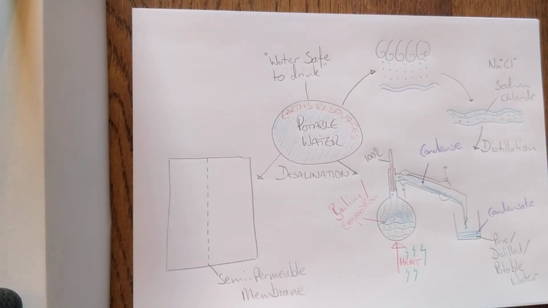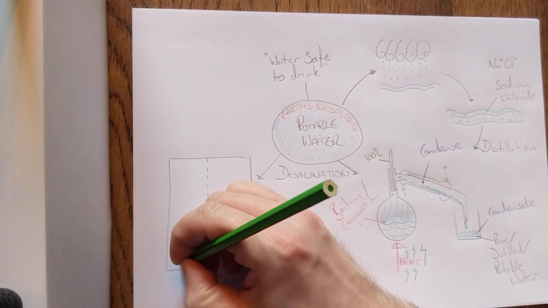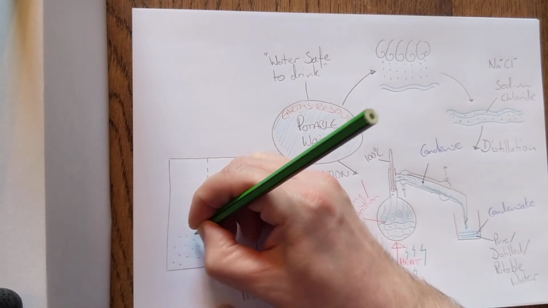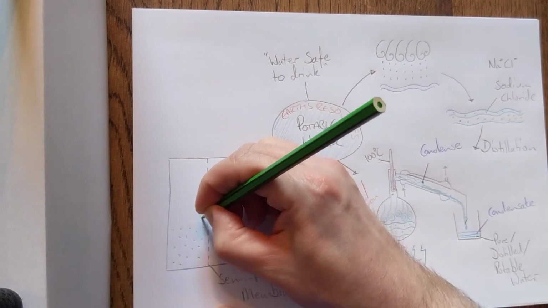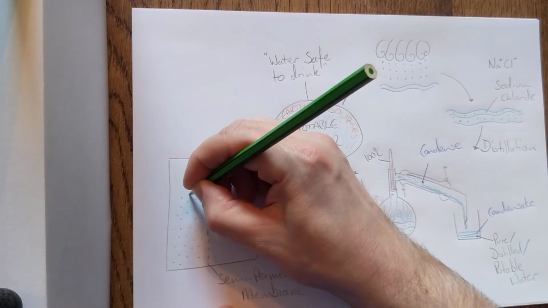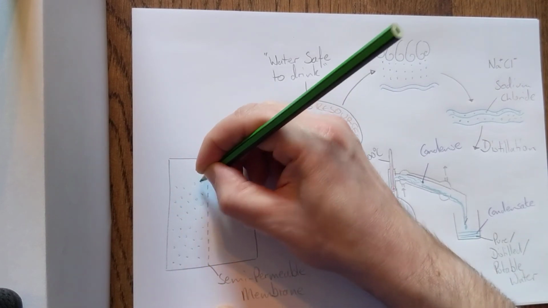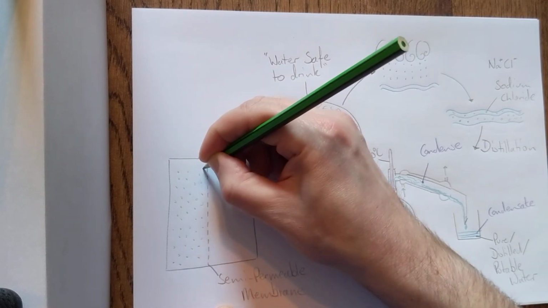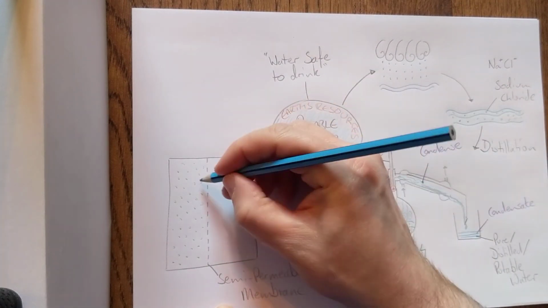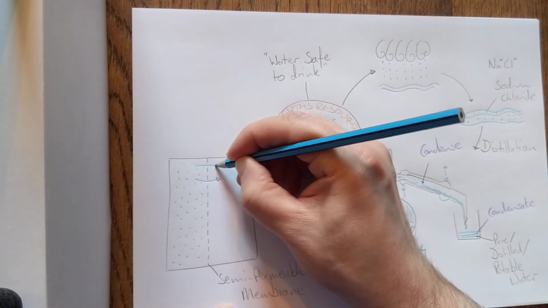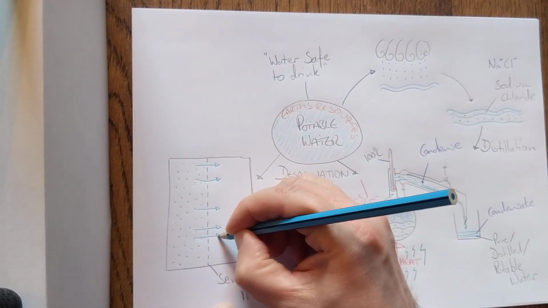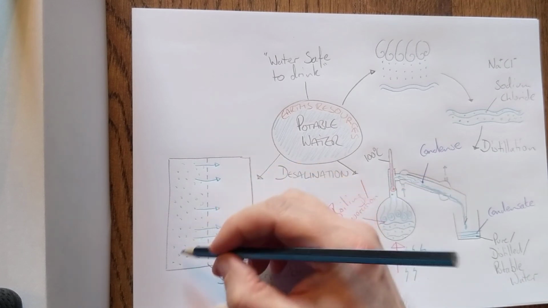Again, we've got salty water on one side, like this, and on the other side we've got pure water. What happens is we apply a pressure to one side and the water will pass through, but the salt will not. So I have water passing through there, like this, but not the salt.